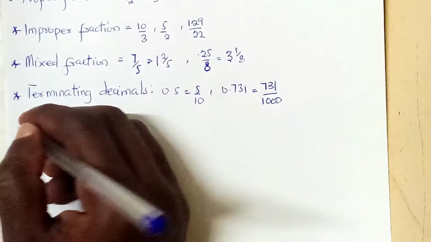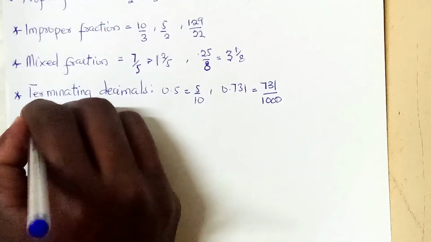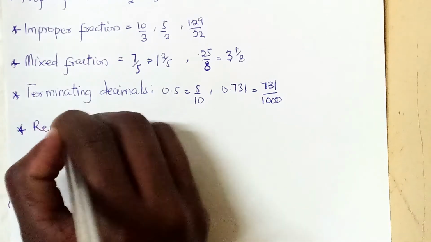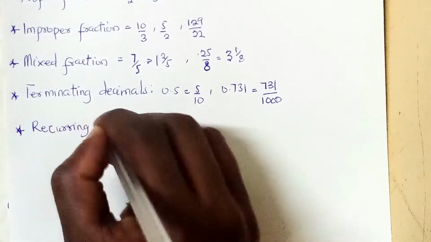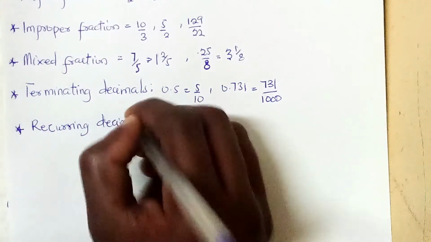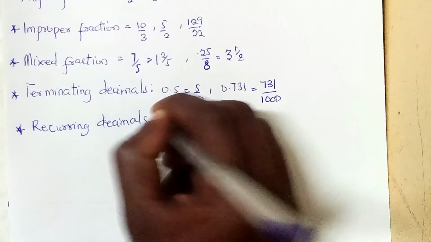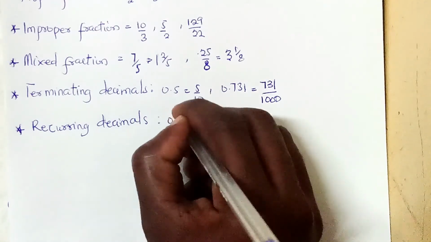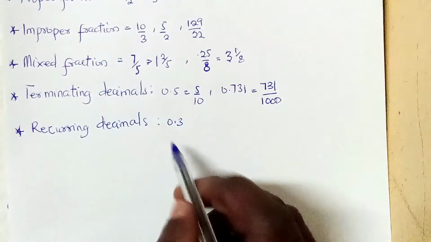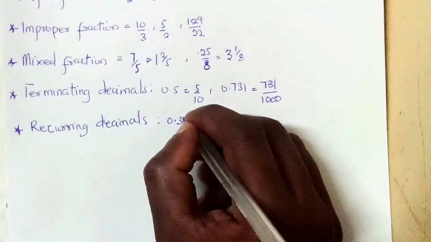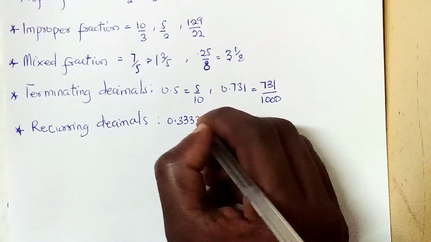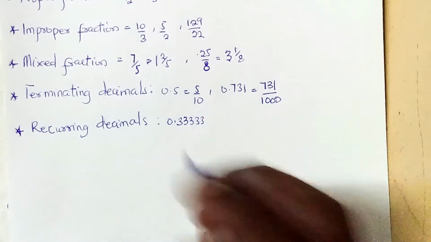The next is recurring decimals. When we talk about recurring decimals, these are decimals of which the numbers recur. They follow each other. For example, we can have a decimal like 0.333, and it's continuous, it never ends.